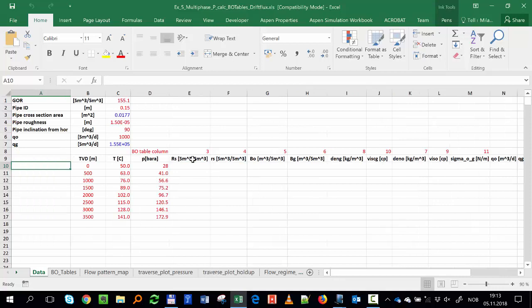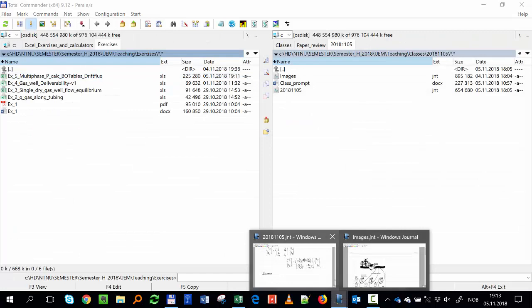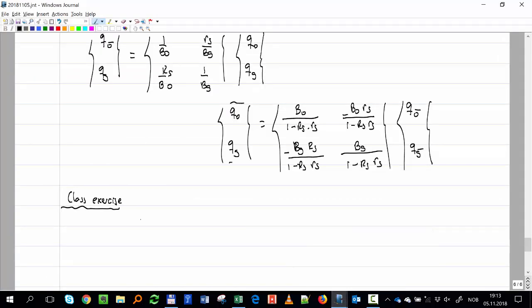Now, where do these properties come from? Where do black oil properties come from? One option, which is the most used, is from correlations. There are many people who made measurements for their fields.